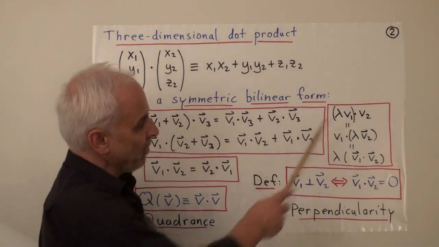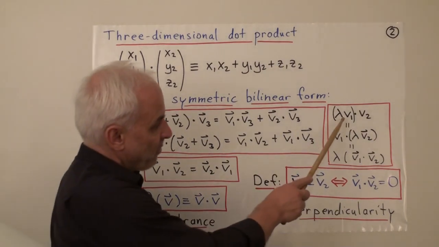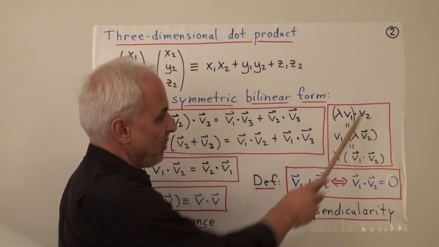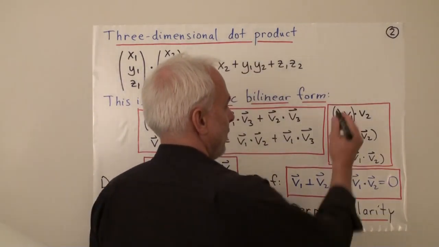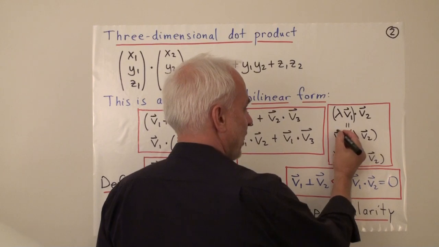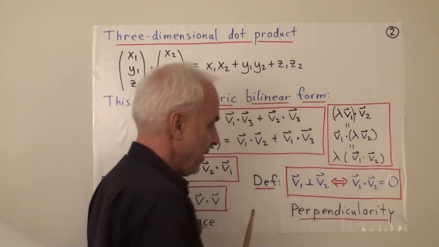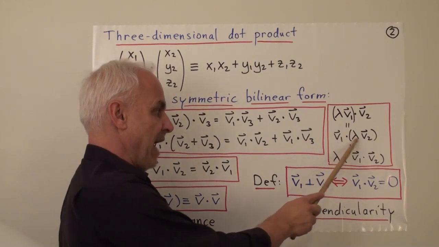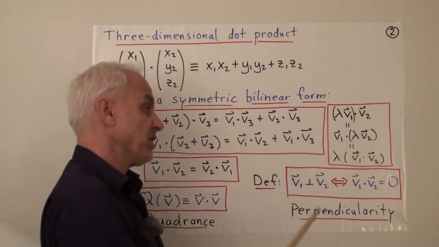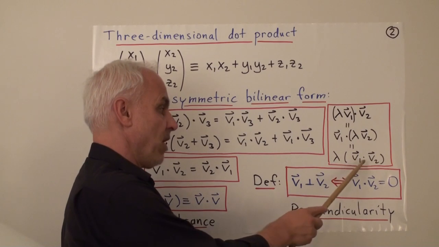And if we have a number, lambda, and we take the dot product of lambda times v1 with v2, and I forgot our little vector signs over here. There we go. (Lambda v1) dot v2 is the same as v1 dot (lambda v2), which is the same as lambda times (v1 dot v2).